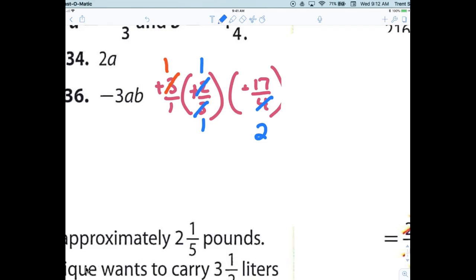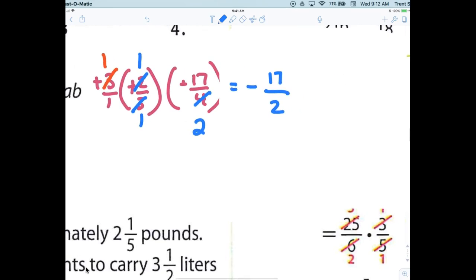You happy with that? And so my answer is negative, right? And then it'd be 1 times 1 times 17, which is over 2. Did I say you could leave it like that? Yeah. I'm sure the answer that we gave was -8 1/2, but I'm confident everybody can do that.